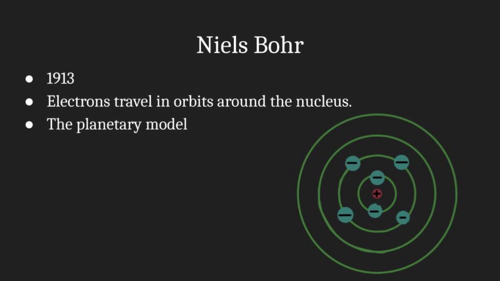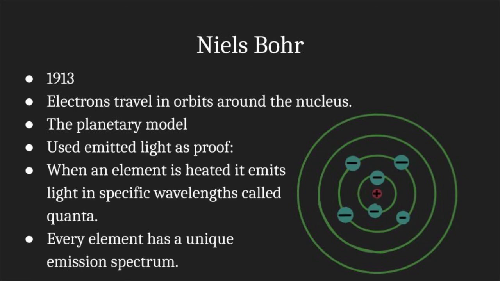To prove this, he used emitted light: when an element is heated, it emits a certain colored light, or a series of different colored lights, which was known as its spectrum. The specific wavelengths needed for the electron to move between the levels were called quanta. And he realized that every element has a unique emission spectrum, therefore the electrons must be in fixed orbits.